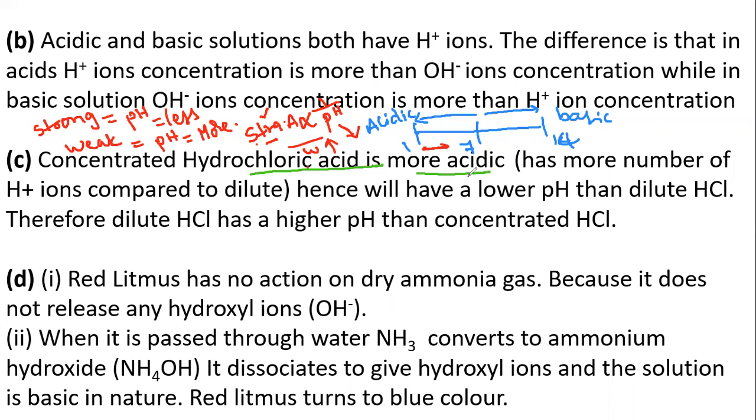Hence, concentrated will have a lower pH than diluted. Of course, more H plus ions means the pH value will be less, more acidic. Therefore, dilute HCl has a higher pH than concentrated HCl. Have you got an idea on this?